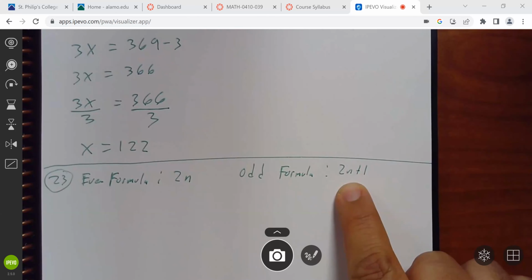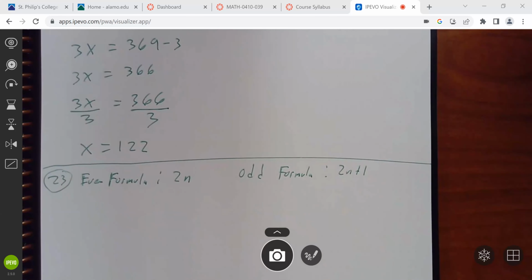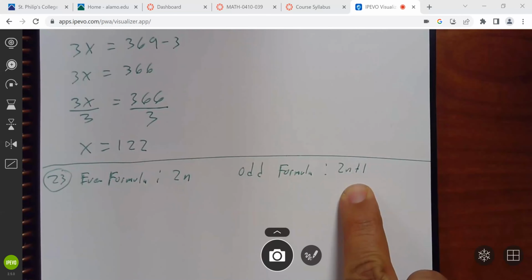So they have to be consecutive odd numbers. For example, 1 and 3 would be consecutive, right? 3 and 5, 5 and 7. So skipping 1, right?